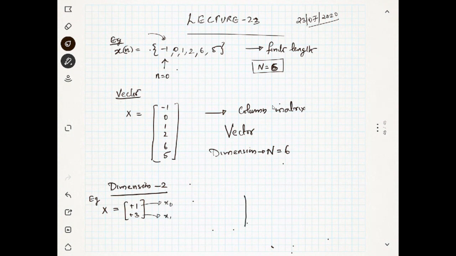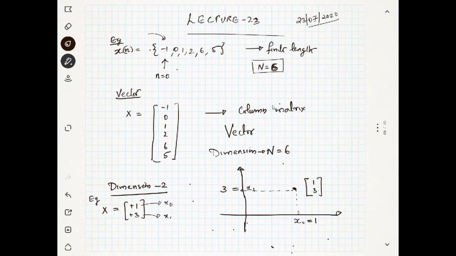So if I am representing in a plane, I can say this is my x0 and this is my x1, and the coordinate x0 and x1 actually like this. So this is my vector. This point is nothing but it is 1 and 3. And what is x0 here? x0 equal to 1 and x1 is equal to 3.